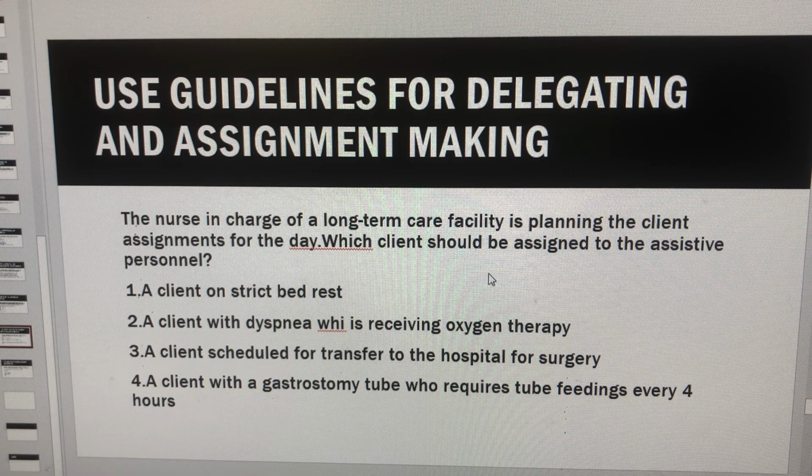The assistive personnel has been trained to care for a client on bed rest. Remember to match the client's needs with the scope of practice of the healthcare provider. The answer is number 1, a client on strict bed rest.